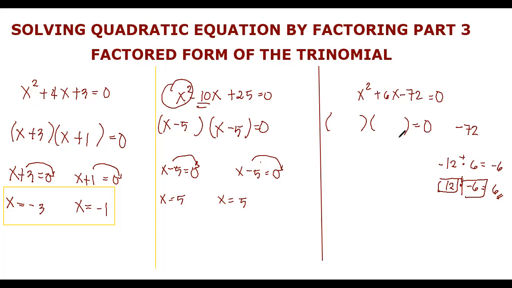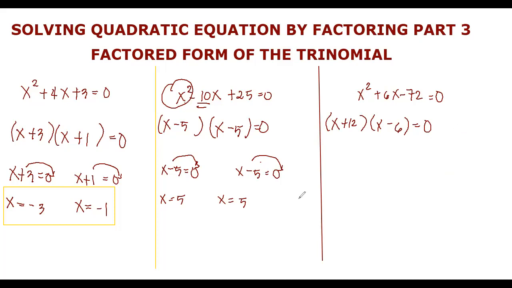So we have positive 12 and we have negative 6. Then factor out the x squared, it will give us x times x. So the factor of x squared plus 6x minus 72 is x plus 12 times x minus 6 is equal to 0.